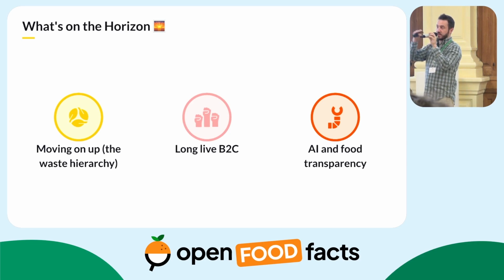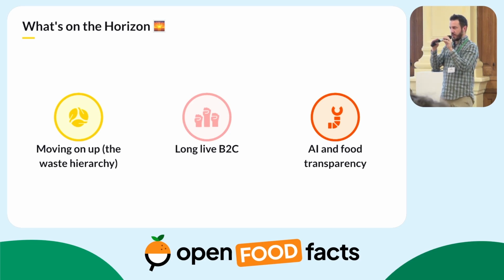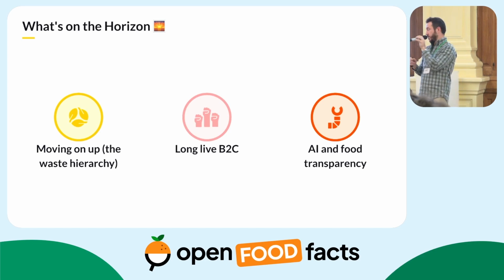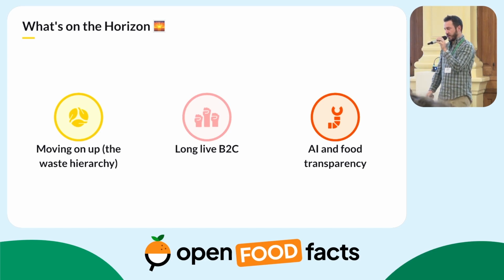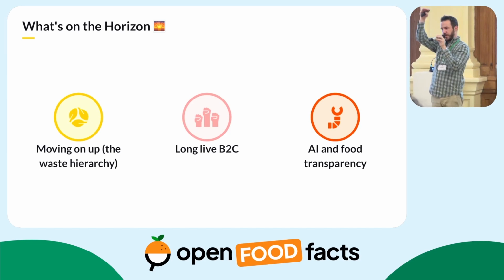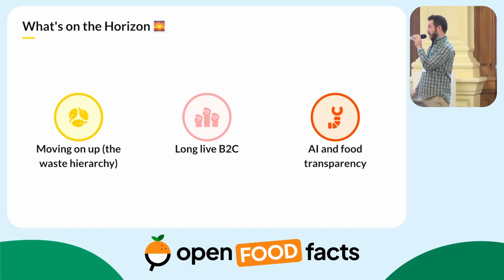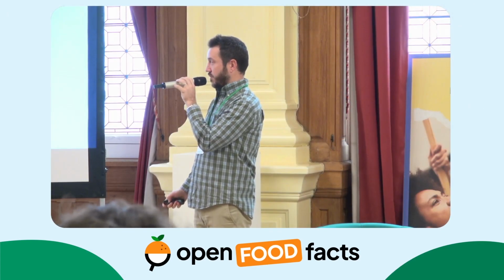Reuse of that packaging is much more desirable. And at the top, there's waste prevention, preventing that waste from being produced in the first place. So for our new features, recycling was great, but we want to focus on the top of that hierarchy, trying to help people prevent waste as much as possible.